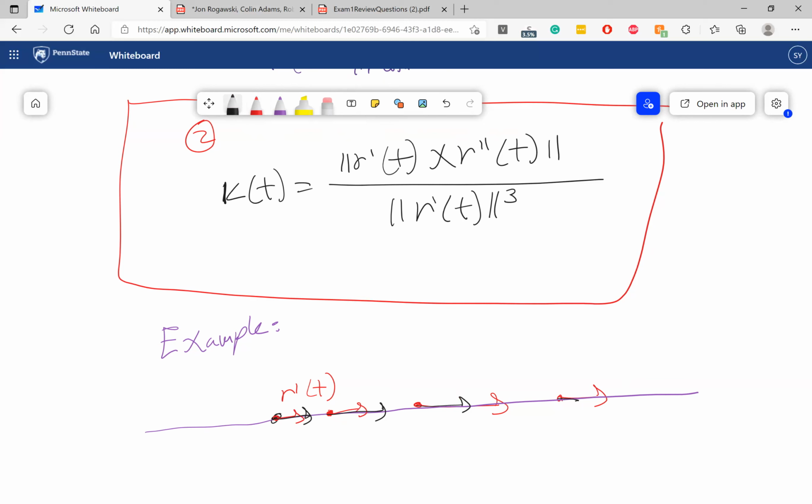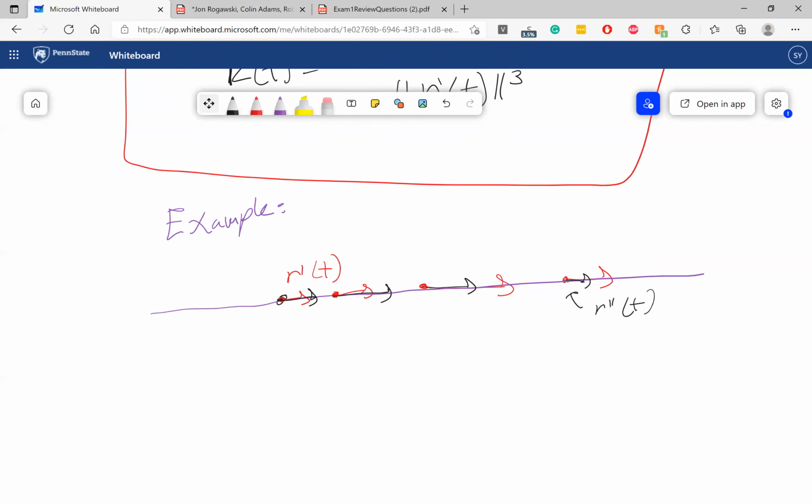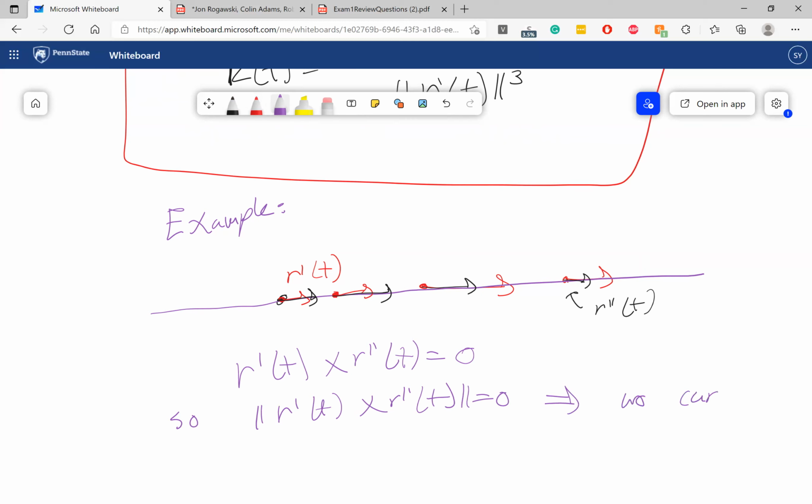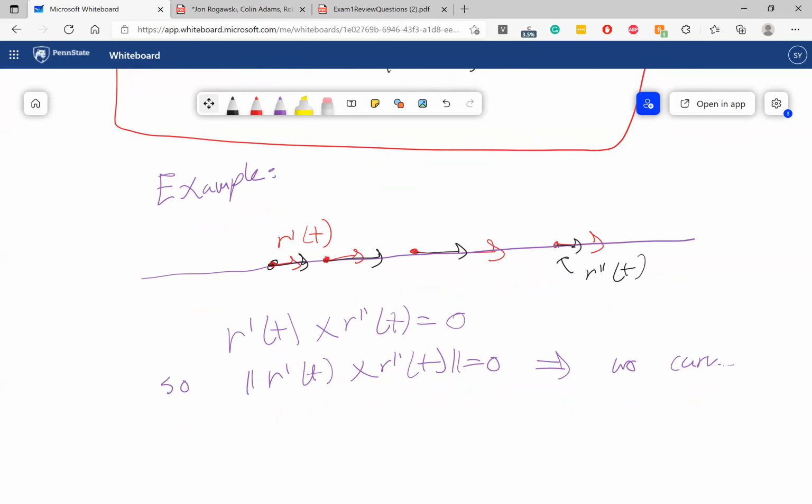So these are, let's say, your R double prime of t. Then we have that R prime of t cross R double prime of t is equal to 0. And so the magnitude of R prime of t cross R double prime of t is going to be equal to 0, which implies that we don't have curvature.